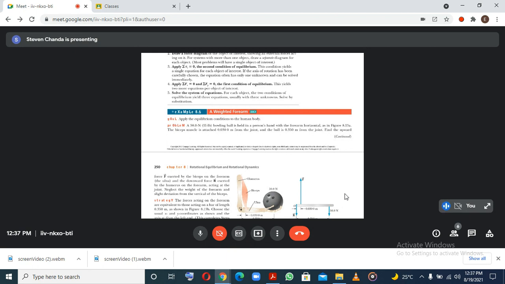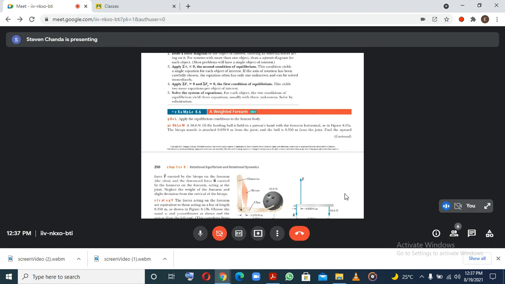Then you see there's the other downward force exerted by the humerus on the forearm. Now you see this humerus, when it joins with the forearm, is exerting a certain downward force. Why have they specified a downward force?